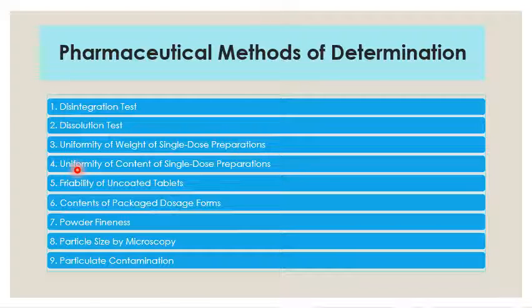Next is uniformity of content of single dose preparation, friability of coated tablets, contents of packaged dosage forms, powder fineness, particle size by microscopy, then particulate contamination.